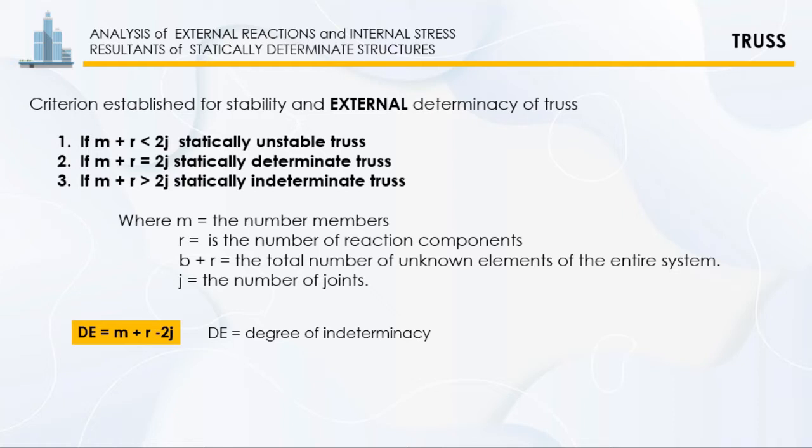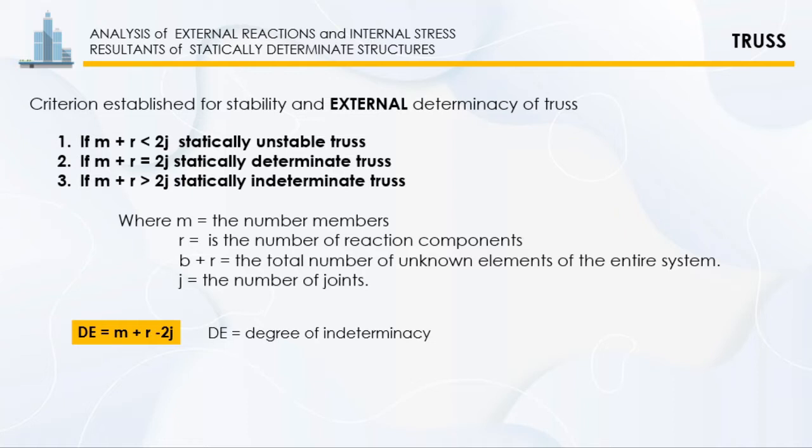That is, we need to calculate a total of M plus R unknown quantities. Since there are J joints, and we can write two equations of equilibrium, which is the summation of forces horizontal and summation of forces vertical for each joint.